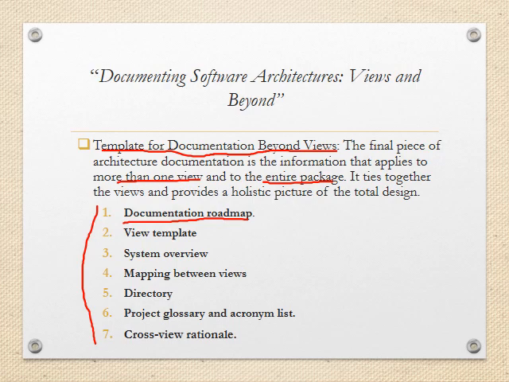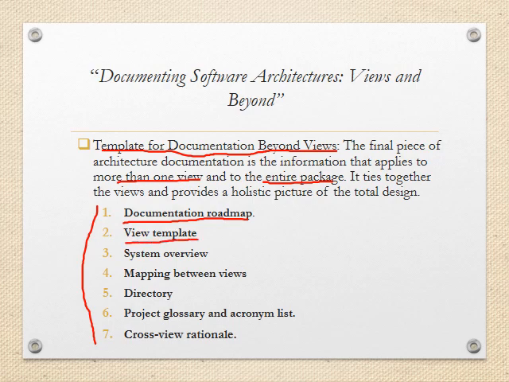It gives us a brief description about each part of the documentation package. It also gives a brief description of the view element types, relation types, the property types, the purpose of them, and the stakeholder for each part of the package.